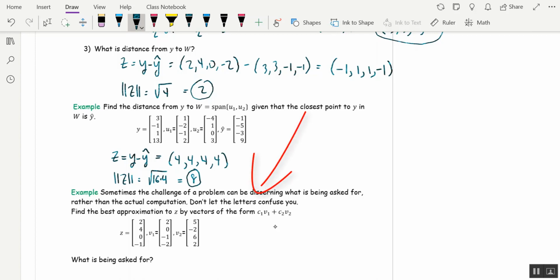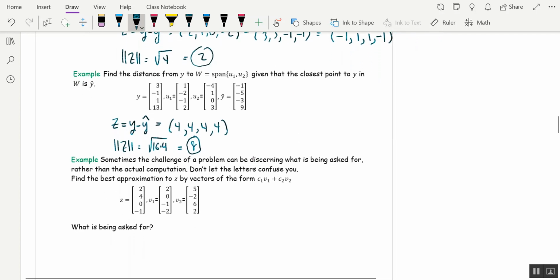And then this one is a little confusing because they change up the letters on you. The question is, find the best approximation to z by vectors of the form c1v1 plus c2v2. So what is being asked for? Well, let's let W equal the span of v1 and v2. And note, v1 and v2 are orthogonal, I believe. Yeah, v1 and v2 are orthogonal.